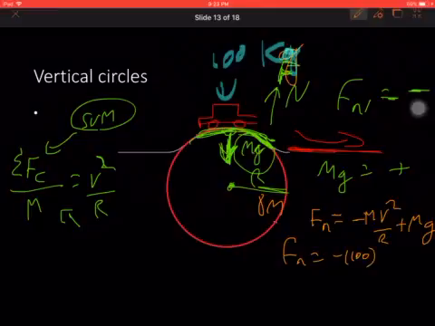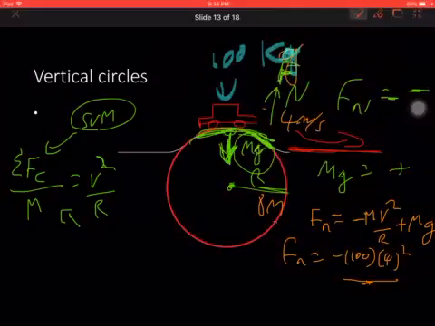Okay, let's say this was 4 meters per second. 4 squared over 8, plus 100 times 10, because that's 100 and g is 10, so that's 1,000.